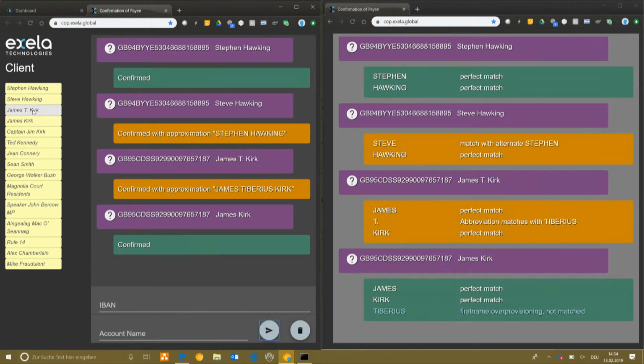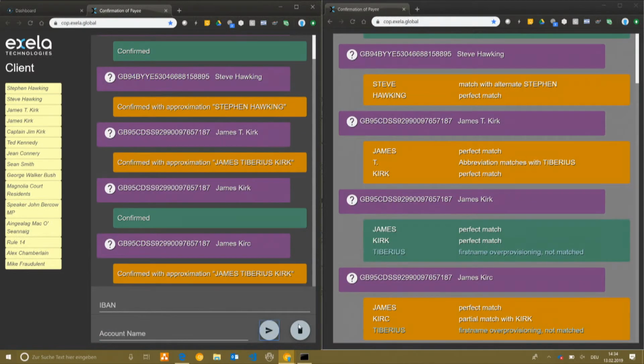And I could also say, hey, I didn't know exactly how that man was called, so I'm changing it to Kirk with a C, and even that works, but the system, of course, knows it had to have a partial match on this name.